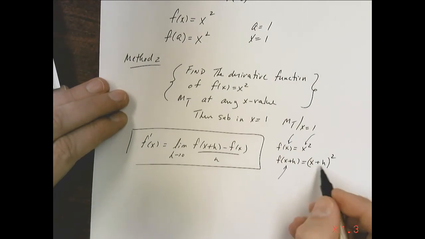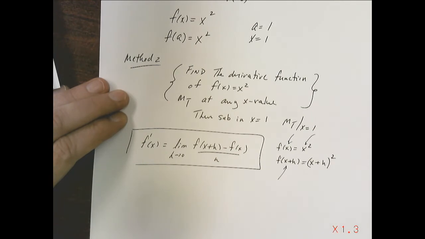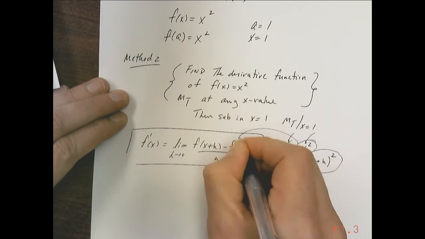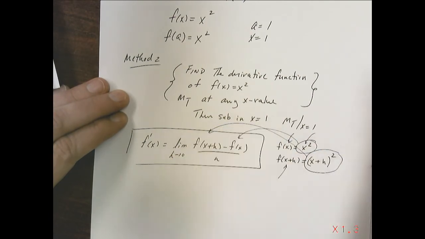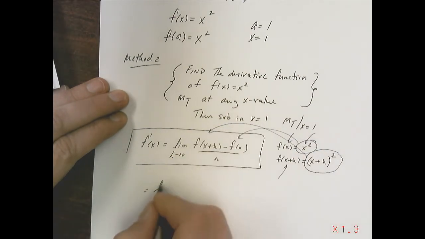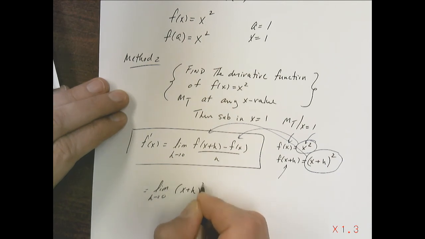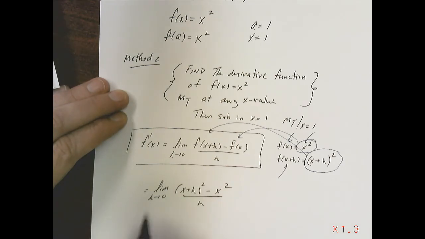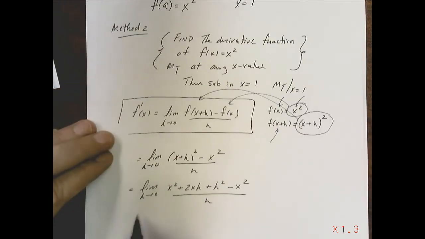So this would expand out. Now when I go to put these values back in here, they're going to give me the limit as h approaches 0 of x plus h squared minus x squared over h. Limit as h approaches 0 of x squared plus 2xh plus h squared minus x squared over h.